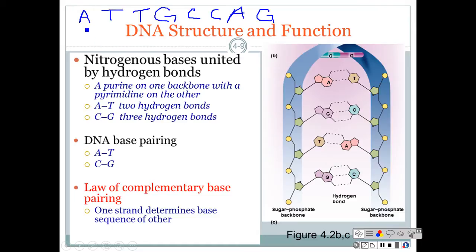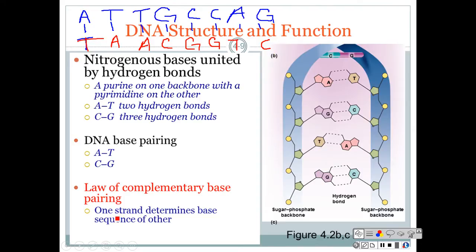The second strand, of course, when we deal with our pairing to complete this DNA structure, will be thymine, adenine, cytosine, guanine, thymine, and cytosine.